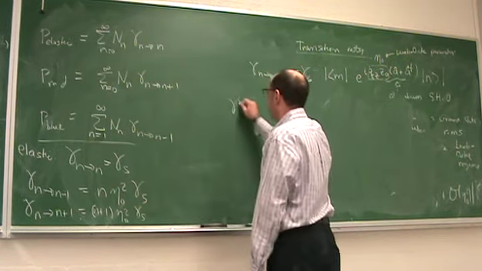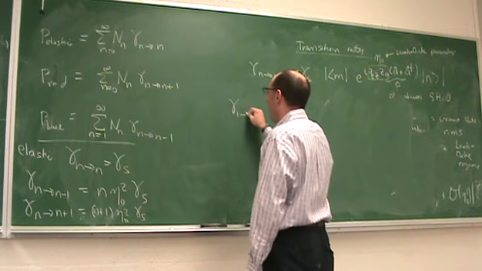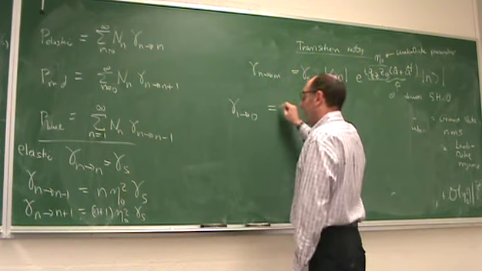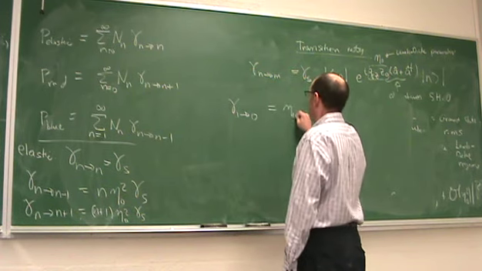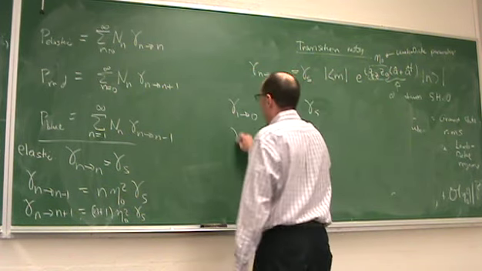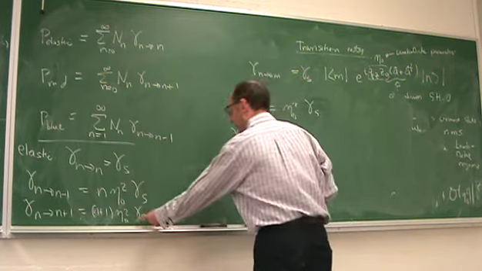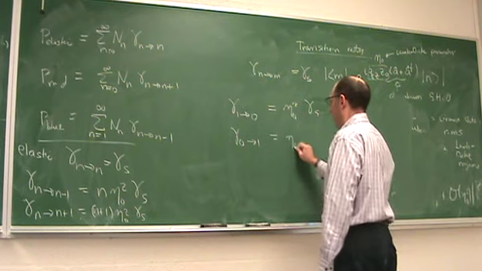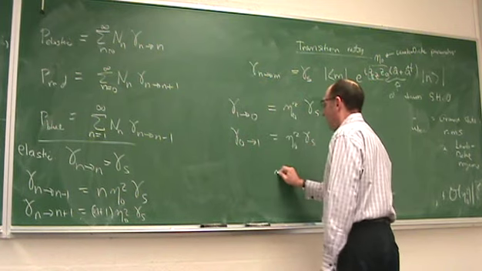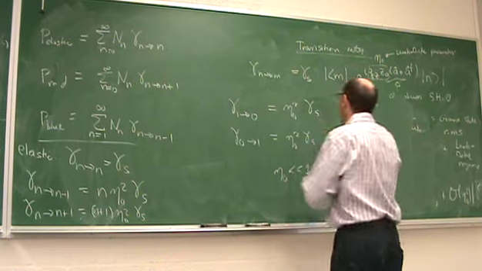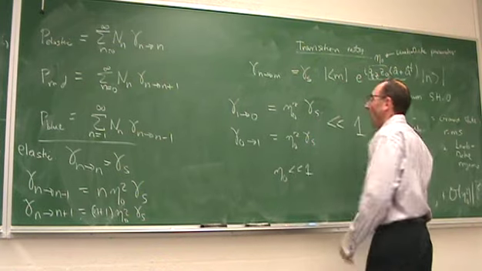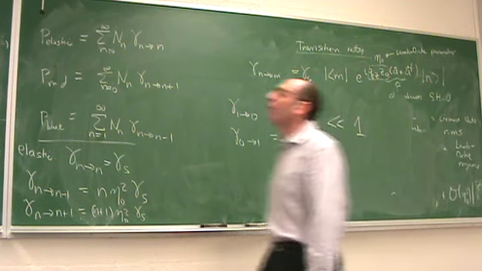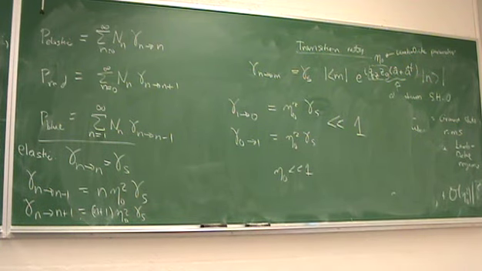So in particular, the rate to, say, go from 1 to 0 is eta naught squared gamma s. And the rate to go from 0 to 1, well, that's going up, is the same thing, which we expect. And if eta naught is small compared to 1, these are much, much less than 1. And this effect is what is called Lamb-Dicke narrowing.